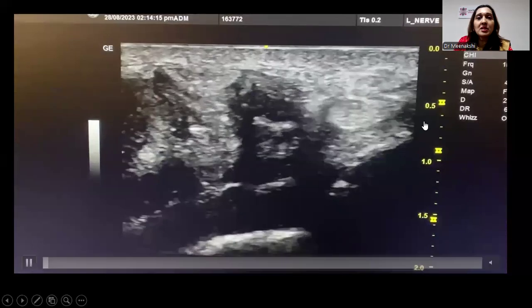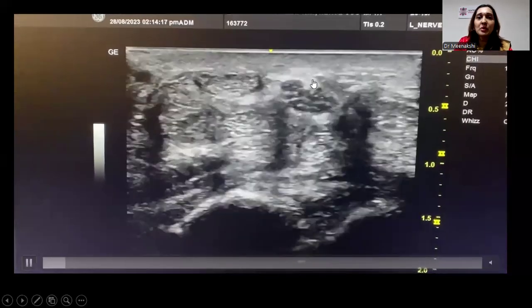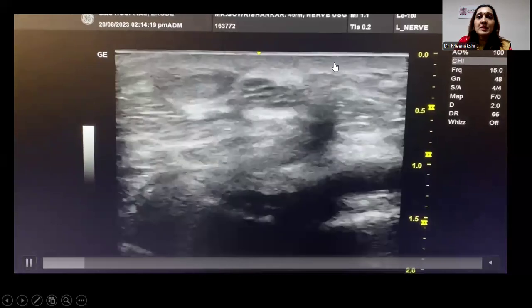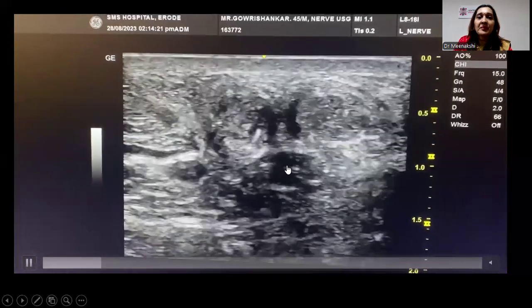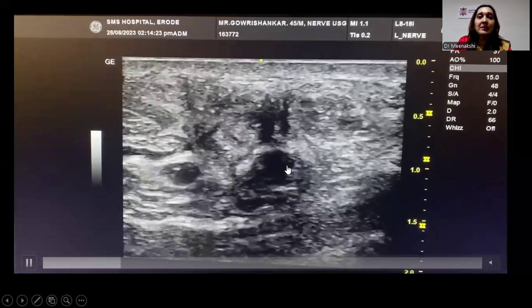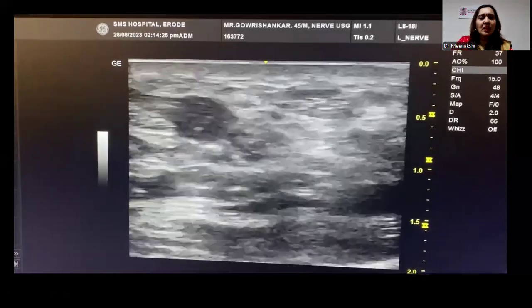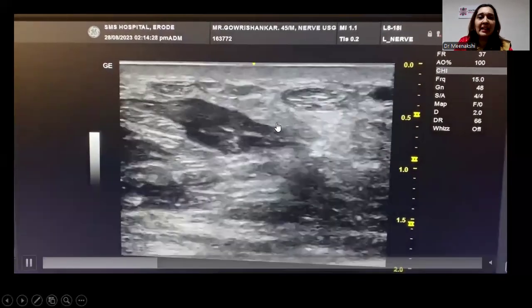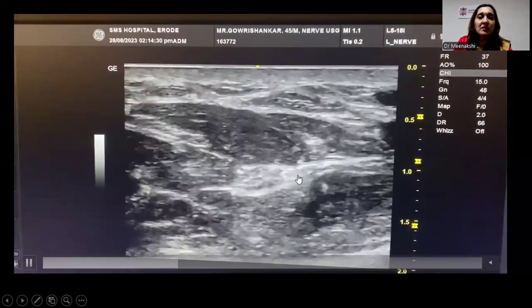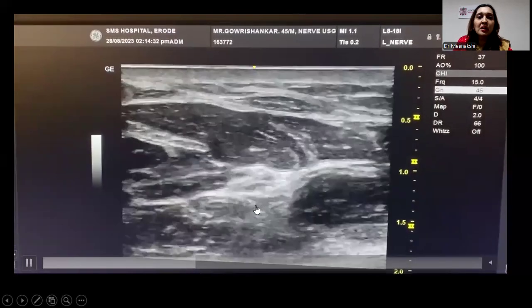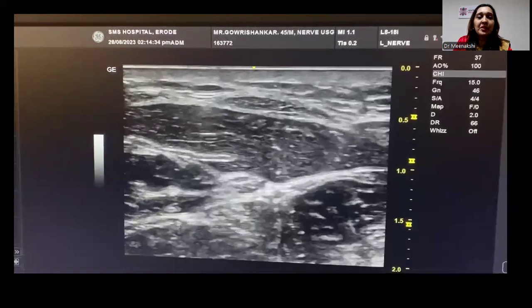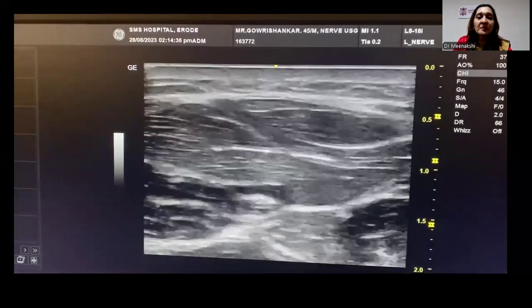So this was the ultrasound I did for the patient. And you can see the median nerve being tracked all the way up from the level of the carpal tunnel. And we can see there that we're going up close to the scar, and then again I'll be tracking the median nerve down.